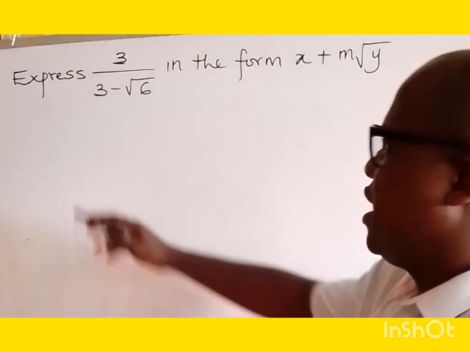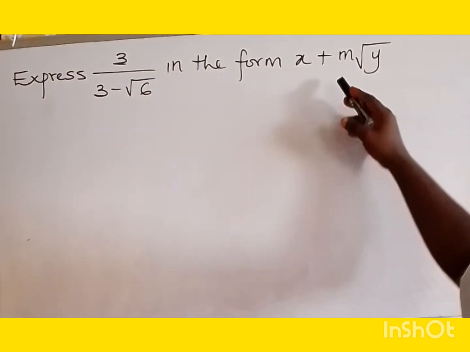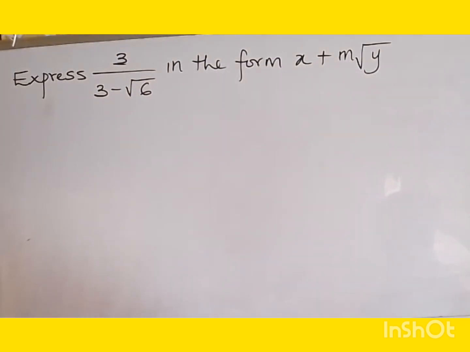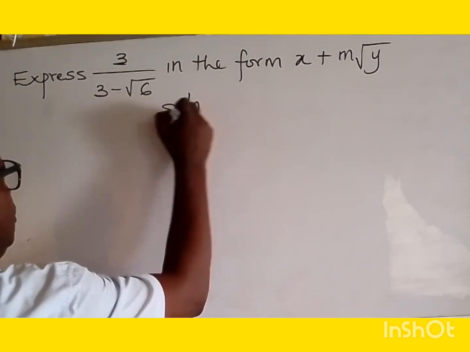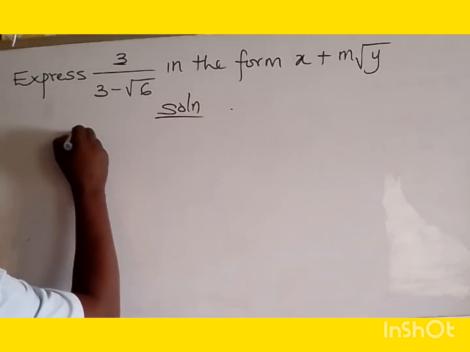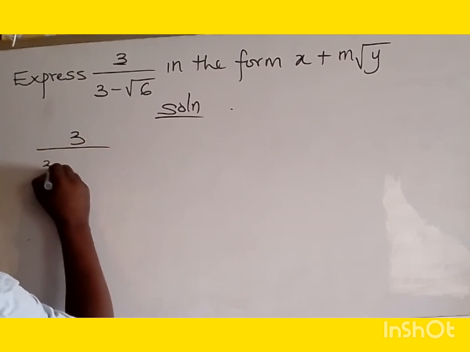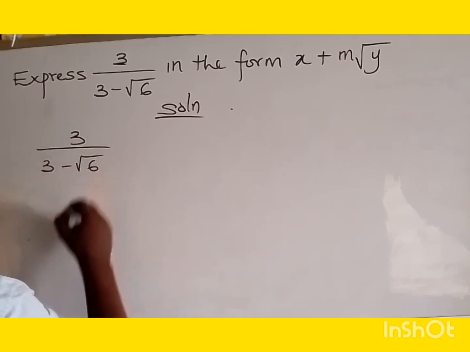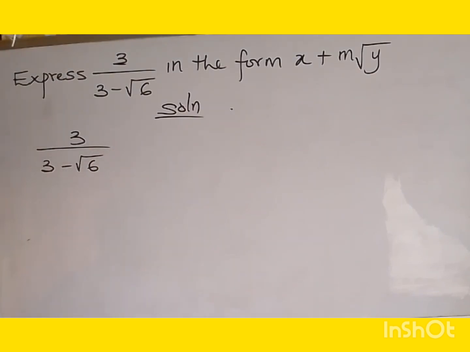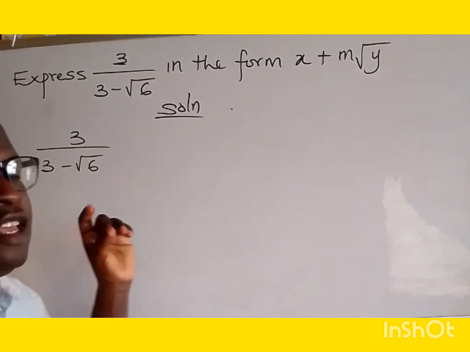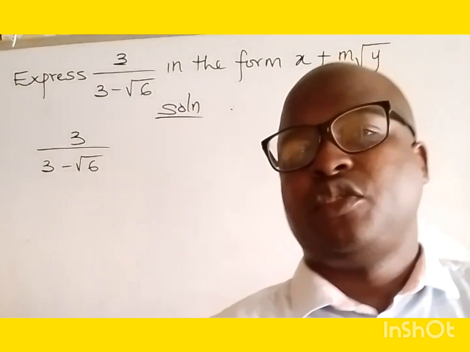We are given: express this in the form x plus m root y. For us to solve this, I have the solution like this. I have 3 all over 3 minus root 6. So I need to rationalize this. To rationalize, I need to find the conjugate of the denominator, which is just changing the sign.